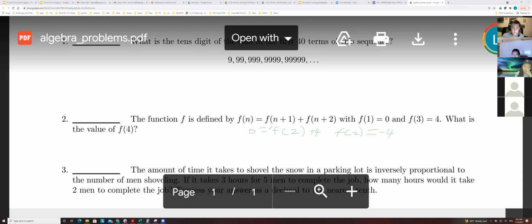And because of that, negative 4, which is F2, equals F3, which is 4, plus F4. So F4 plus 4 equals negative 4. So F4 is negative 8. Thank you. And just to make sure, this is right? Yeah. Okay, thank you.